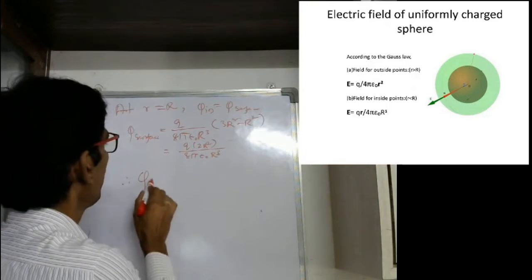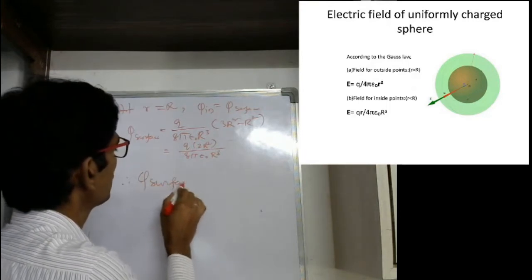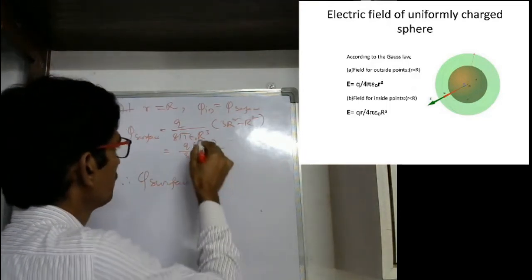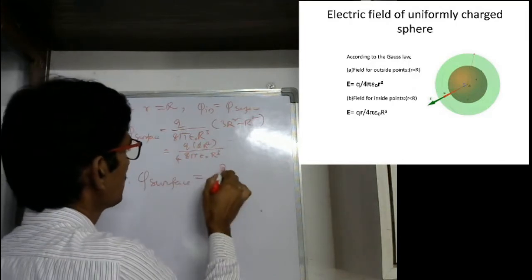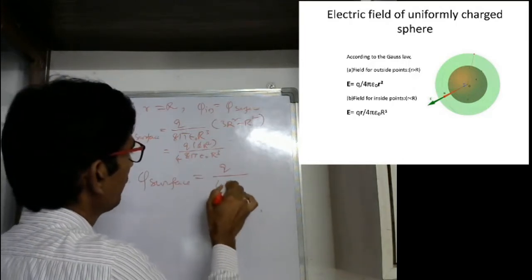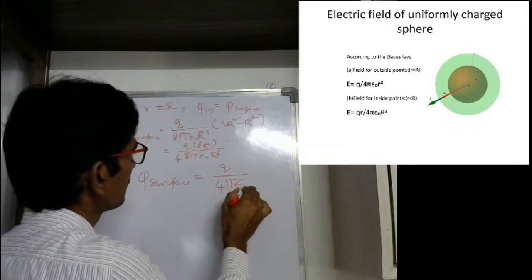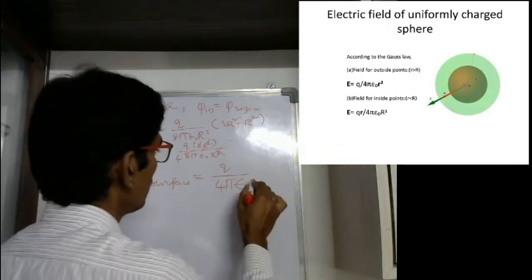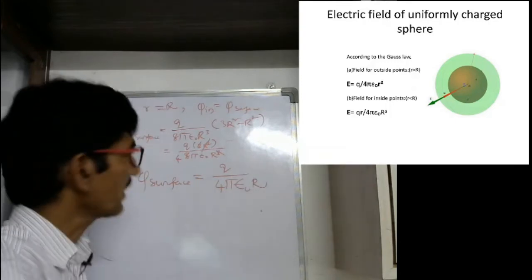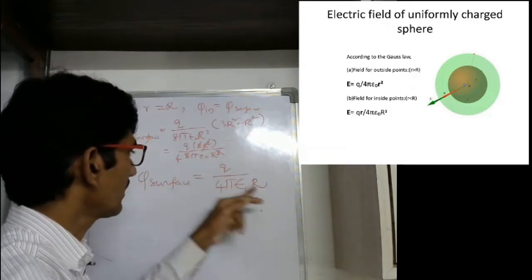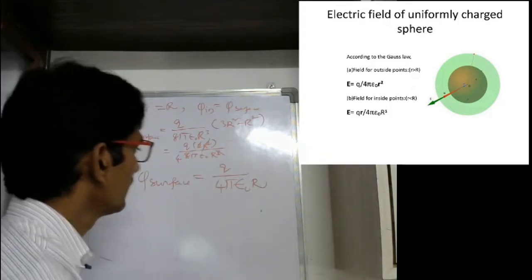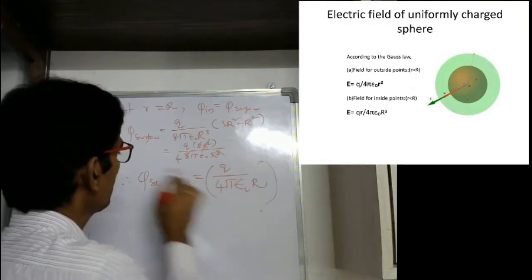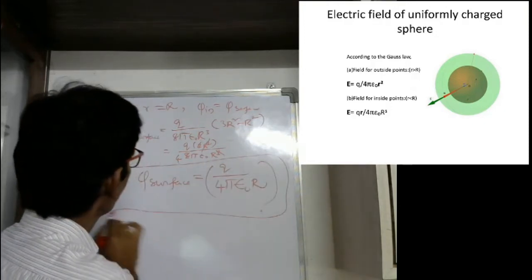Therefore, phi surface is equal to 2 by 8, that is 1 by 4. This is equal to q by 4 pi epsilon naught, R square by R cube. Okay, R square cancels, you are only left with one R here. So what is your expression for the potential on the surface?